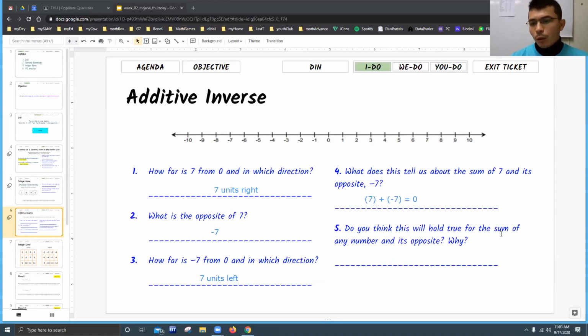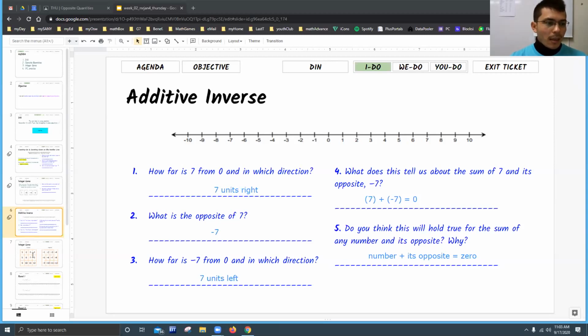And do you think this holds true for the sum of any number and its opposite? Like 15 plus -15, 20 plus -20. Is it true? Okay, so always when you add a number with its opposite, the result will be always 0, okay? Number and its opposite equals 0.